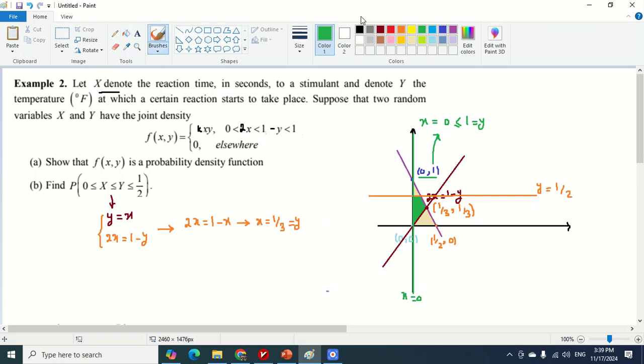For that reason, let me write the double integral over here. This double integral should be calculated for 96xy dx dy, as far as I remember. For instance, I can use dx dy or dy dx, it doesn't matter which one should be considered over here.